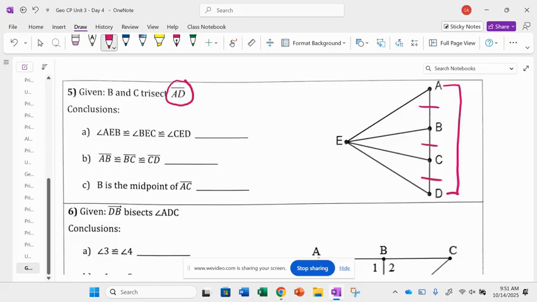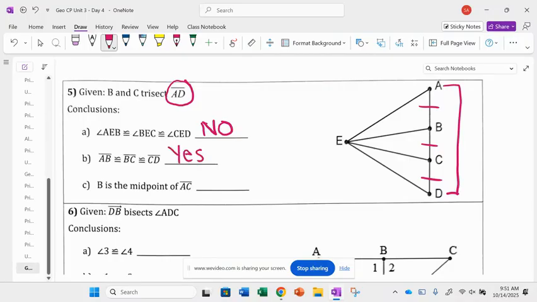So the first conclusion is saying, can I say angle AEB, this angle, congruent to angle BEC, this angle, congruent to this angle? Well, did they say anything about the angle? No. If they don't say anything about the angle, can I make conclusions about the angle? No. So this one's a no. But can we say that segment AB is congruent to segment BC, congruent to segment CD? Yes.